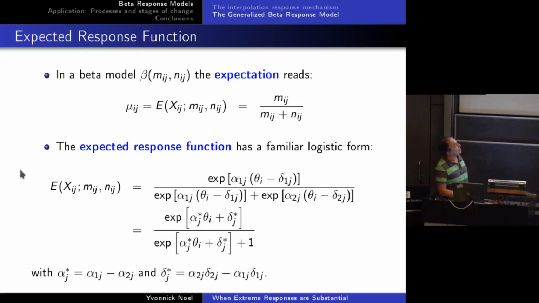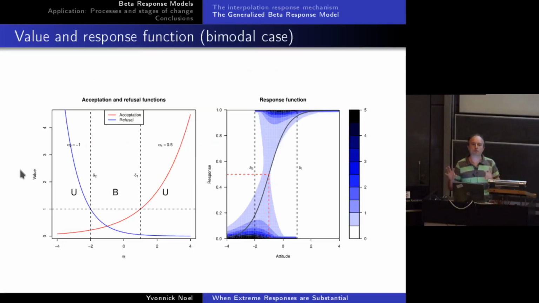Now, putting things together, here you have everything of the model. First, the acceptance and refusal functions, and second, on the right plot, the expected rating curve, which has this logistic shape, and then a contour plot or a density plot of all the shapes that the beta can take for all theta values on the x-axis.